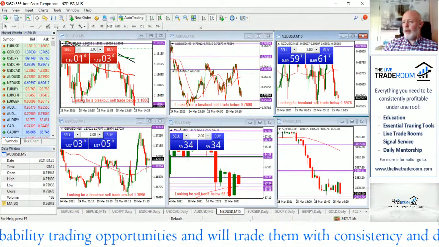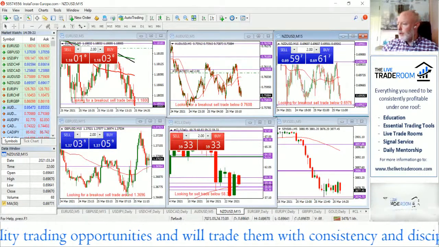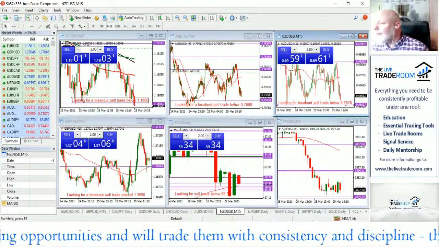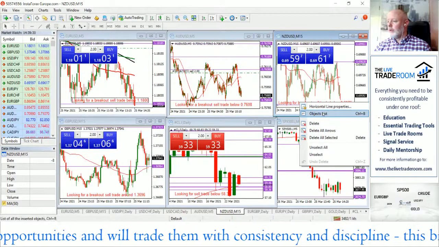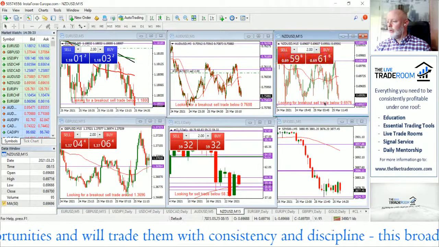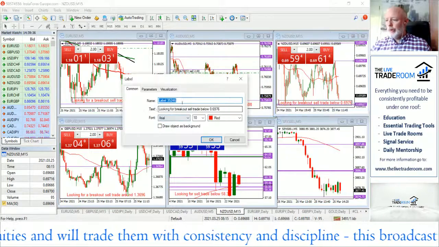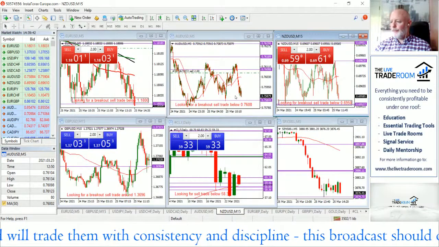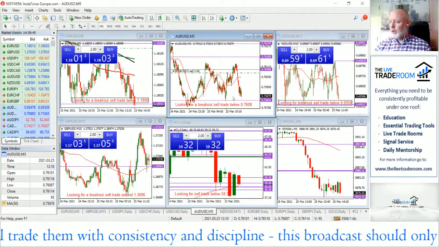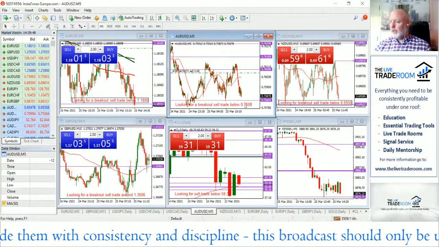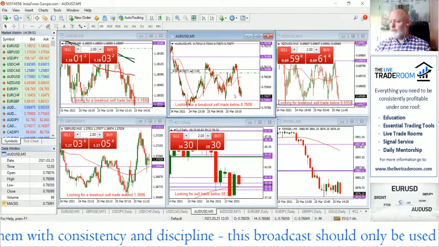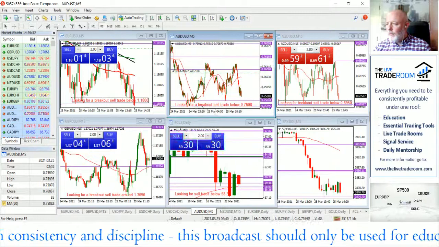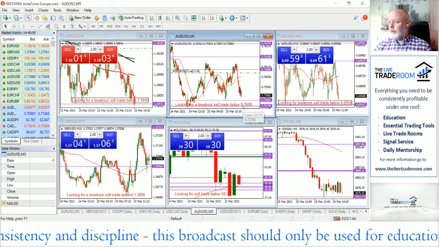So we can keep an eye on that level just in there. So it's the 69.50 now. So 75.80.